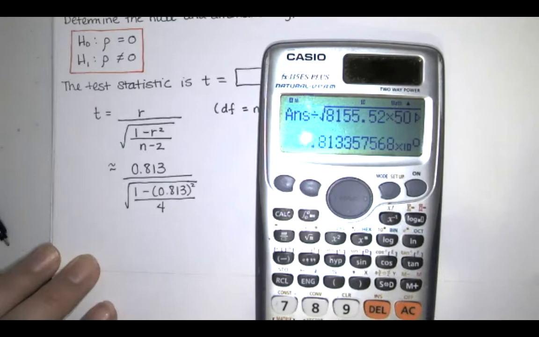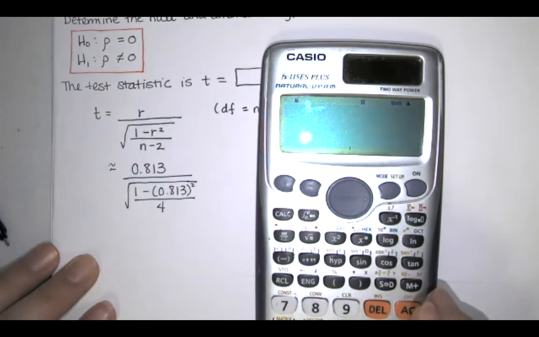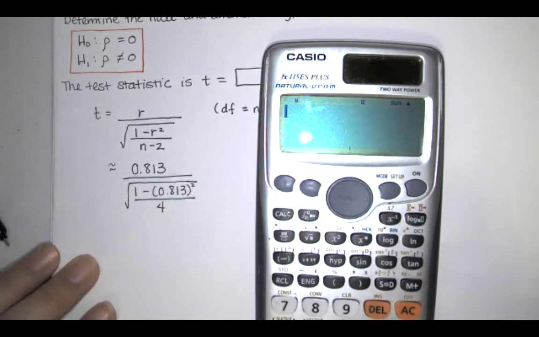And I want to store it for a variable, let's say x. Oops, that's an old x value. I think I just zeroed out my sample statistic R. Oh well, I guess I'm just going to have to use this rounded one. I forgot how to store the value of the variable in this calculator. It's been a long time. So we'll just do this instead. That's okay, it's not going to be as accurate.